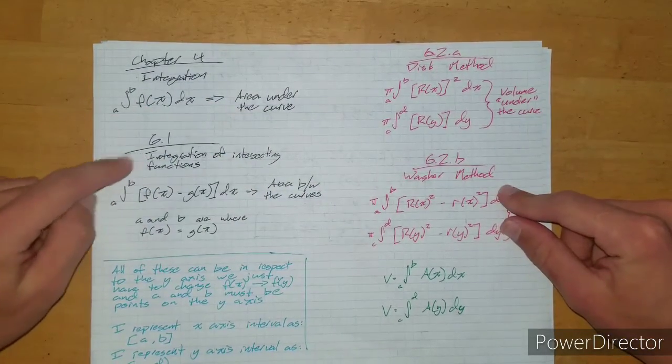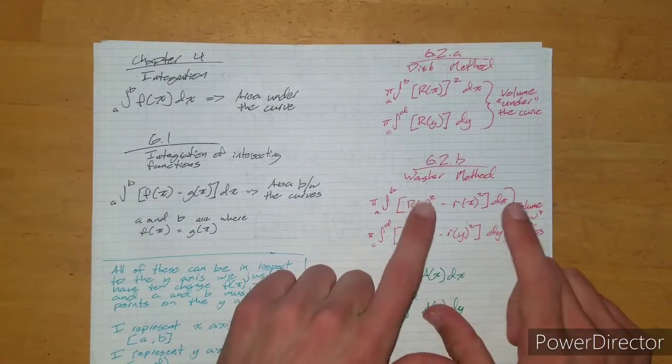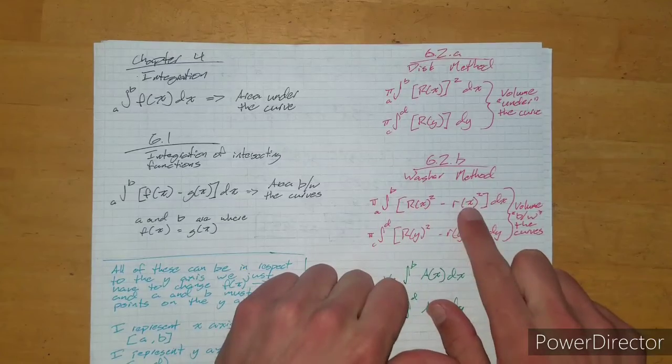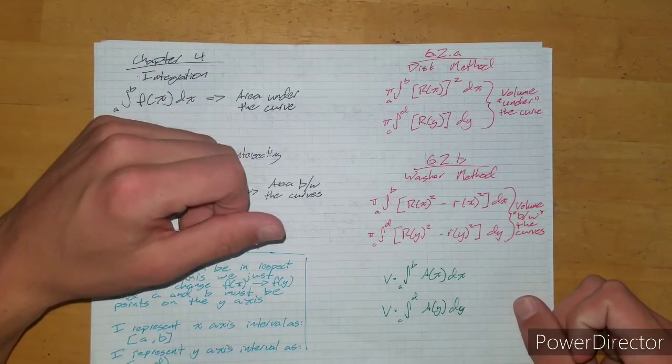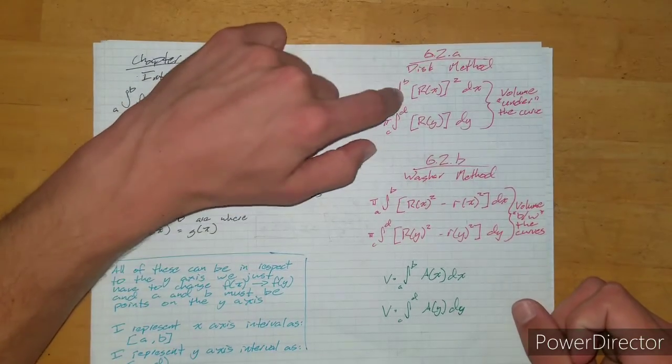The washer method is a lot like the integration of intersecting functions. So we're given two different functions. This is usually f of x, this is usually g of x. And so it's kind of a combination of 6.1 and the disk method.